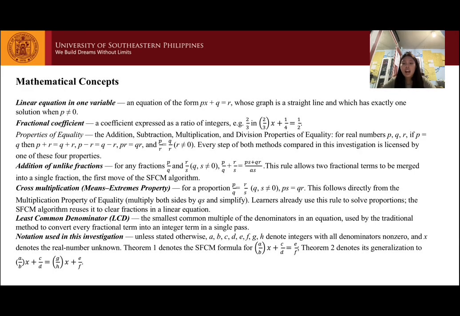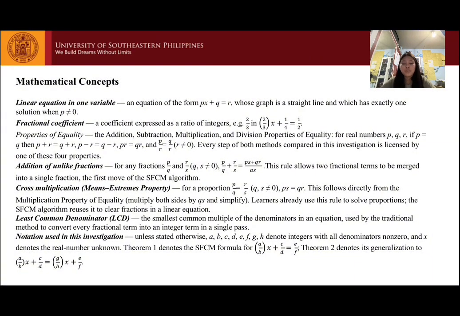And third are the properties of equality, namely the addition, subtraction, multiplication, and division properties. So these properties justify every algebraic step used in both the traditional method and the proposed algorithm.